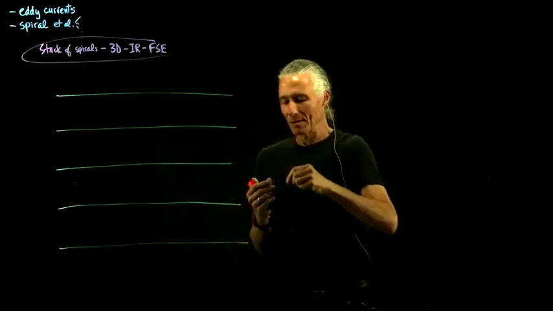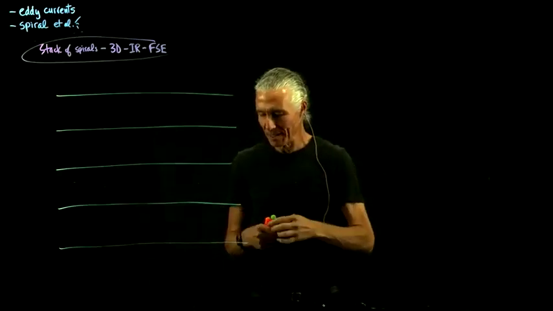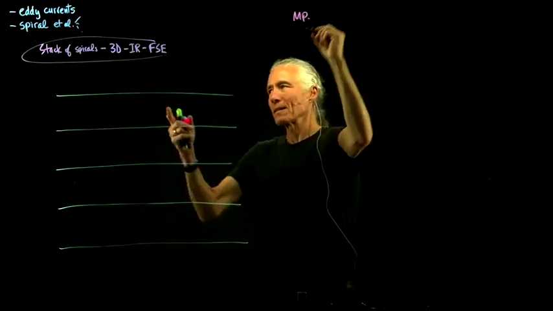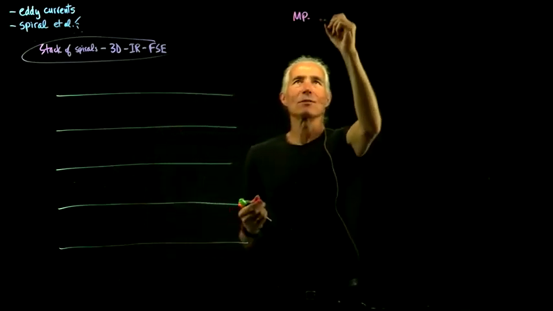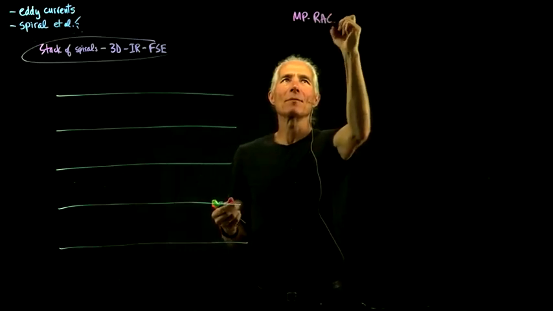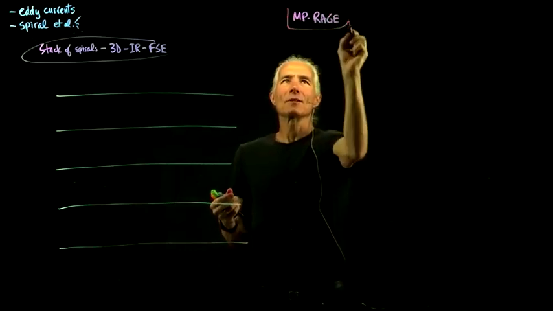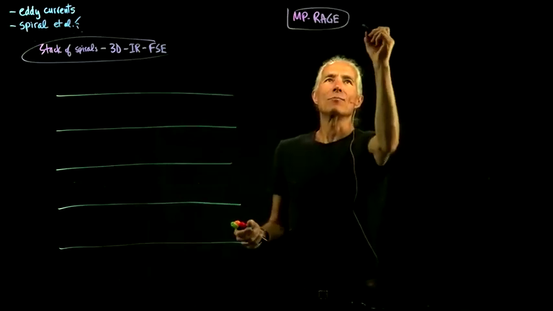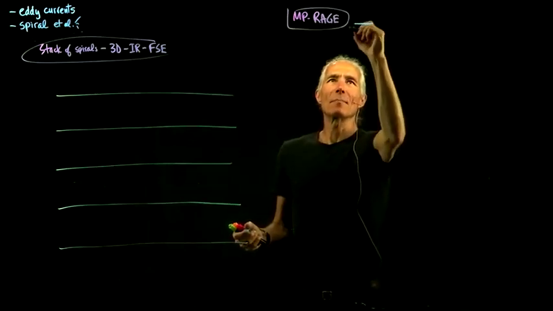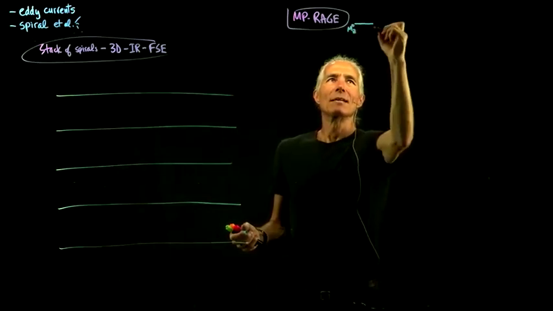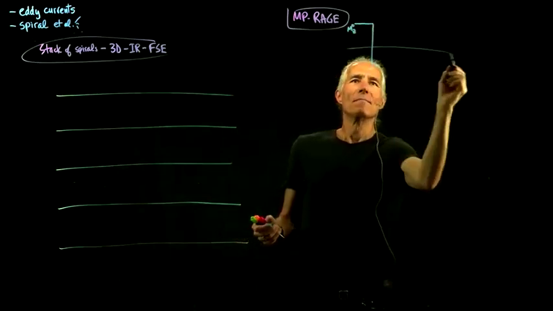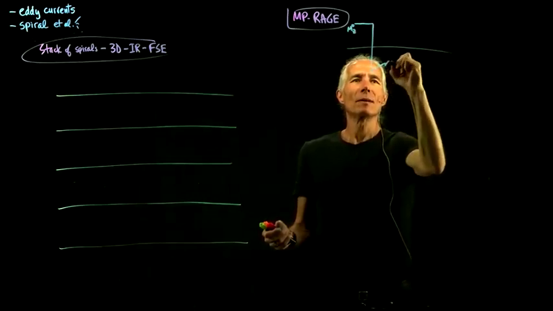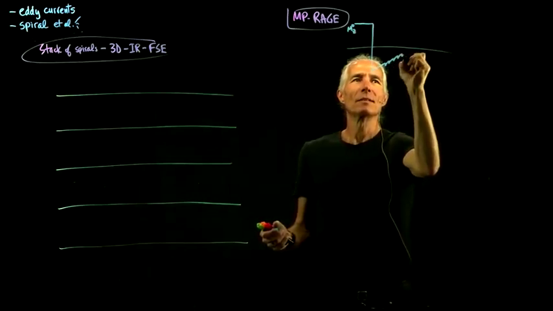With an MP-RAGE, this is basically a structural scan, another high-resolution structural scan. What does that look like? It's this weird non-steady state thing where we start up at MZ0, do an inversion, wait a while, and then have a bunch of alpha pulses.